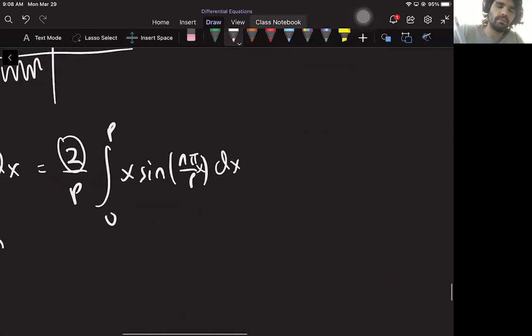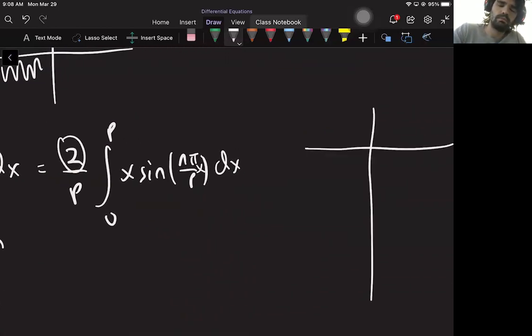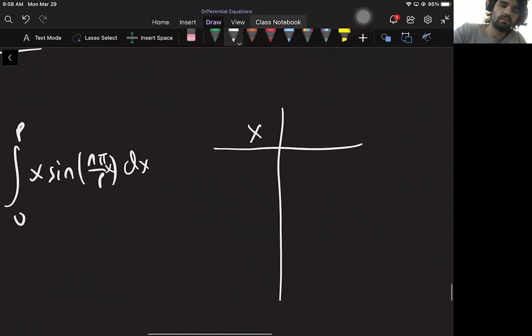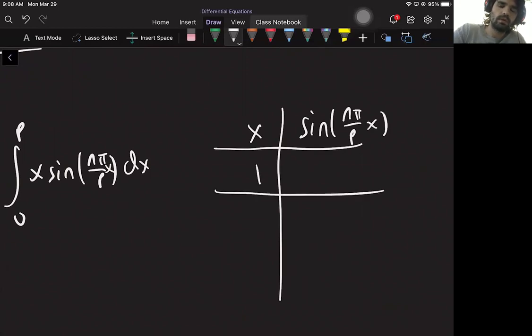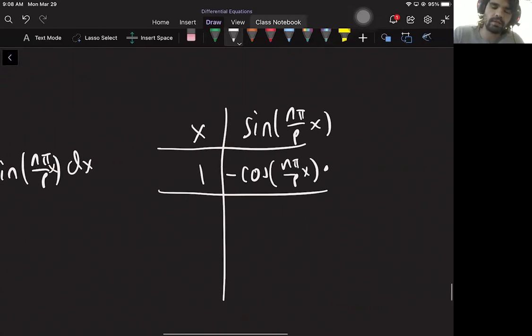And now we got to do integration by parts. So the derivative of x is 1. Integral of sine is negative cosine divided by the number next to the x. So it's going to be times p over n pi.